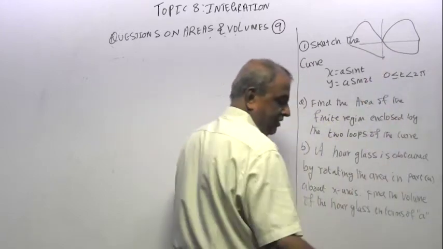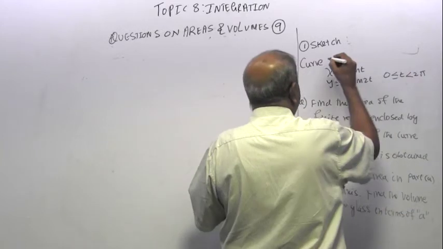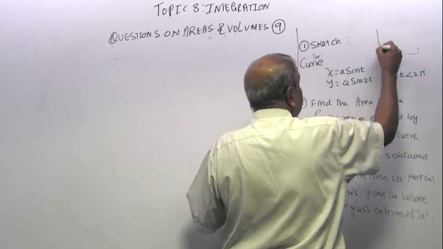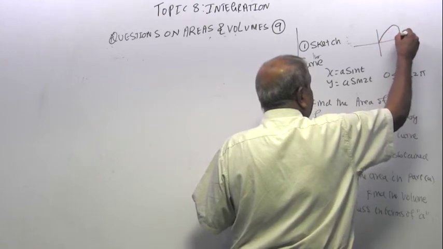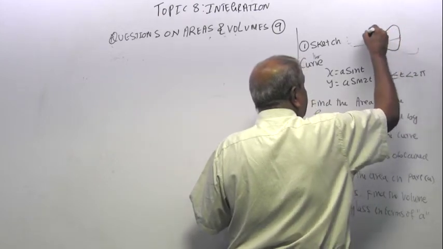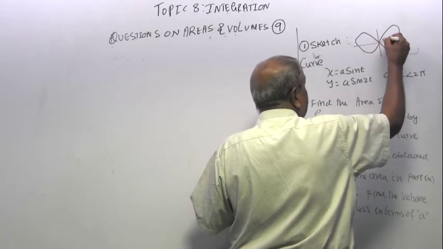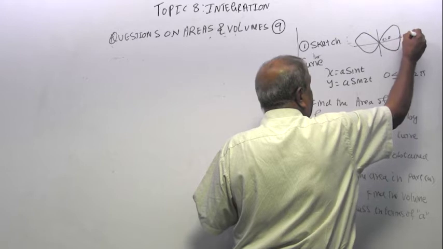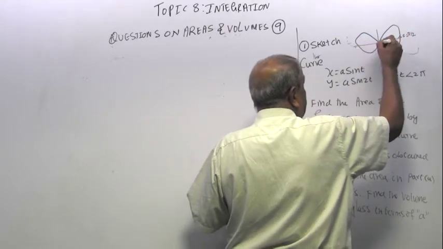Oh my God, my sketch is horrible, isn't it? Sketch the curve. Somewhere like that. This is t equal to 0, t equal to pi over 2, then t equal to pi, t equal to 3 pi by 2, t equal to 2 pi.